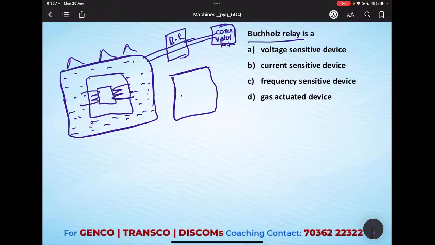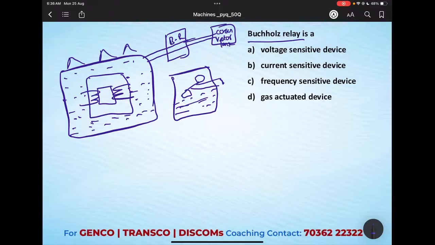One float will be there like this. Here oil flow will be there. It is like making one mechanical switch. What will happen if a sudden rise in temperature leads to release of more gases?